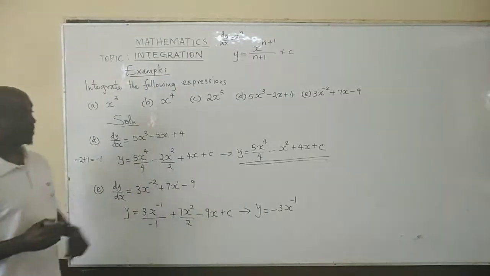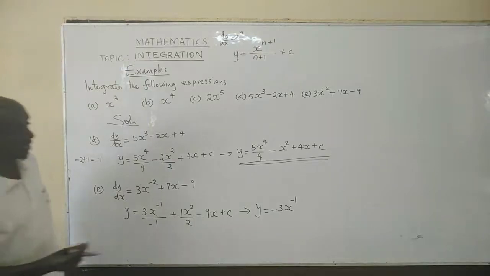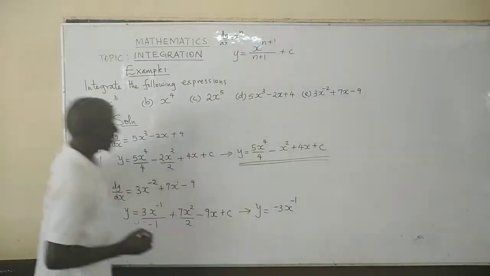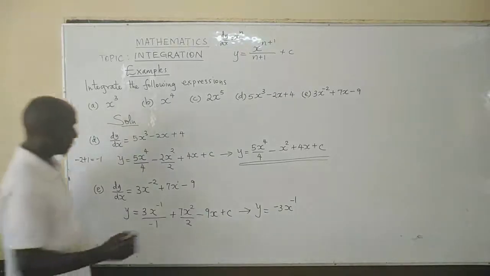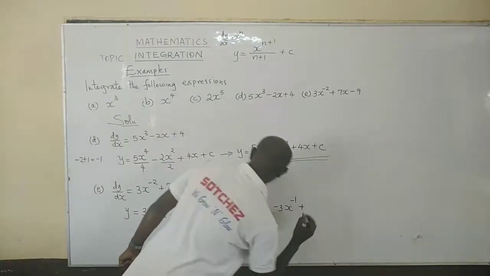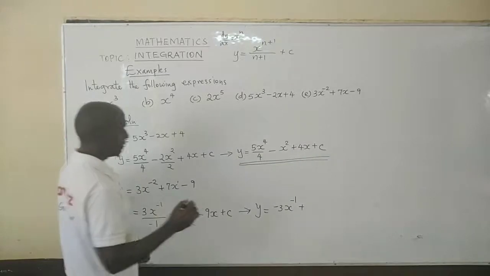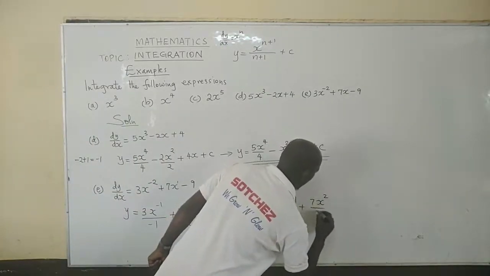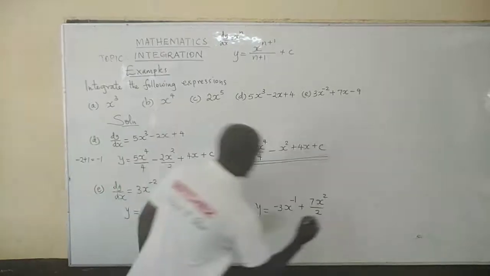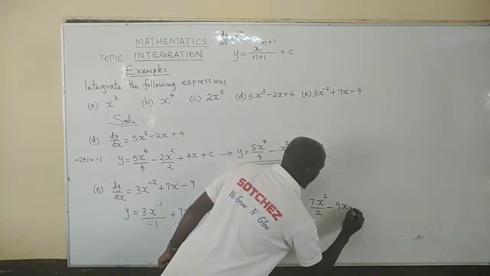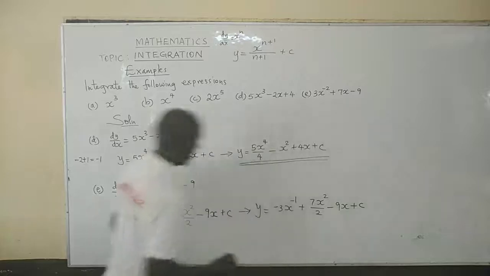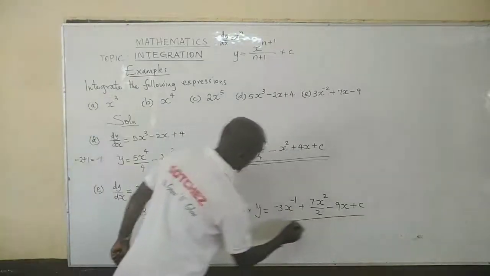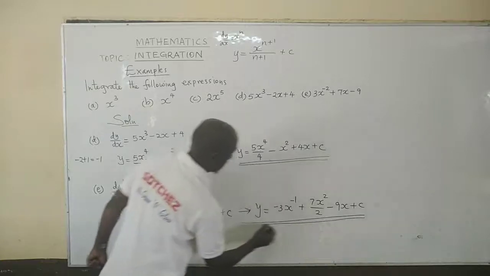I think that looks better now. Then plus 7x squared over 2. Then minus 9x plus a constant c. I think that is the simplified answer to part E.